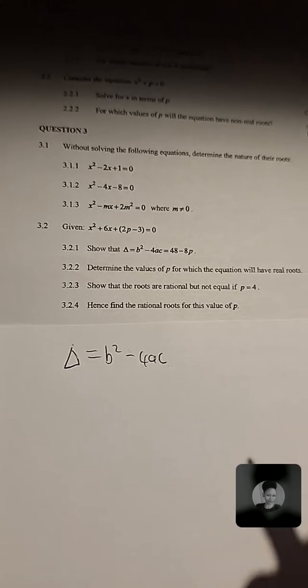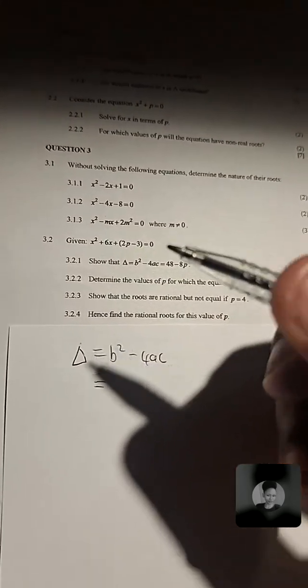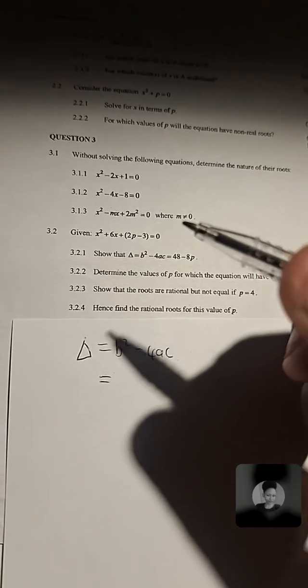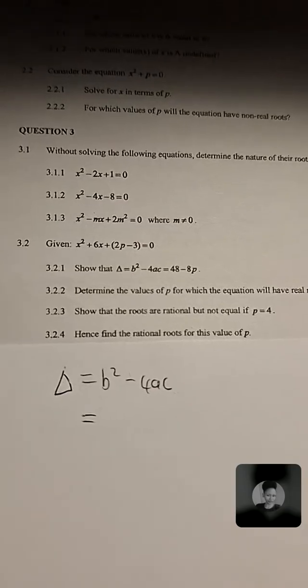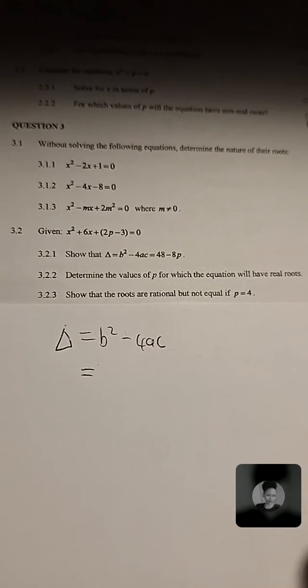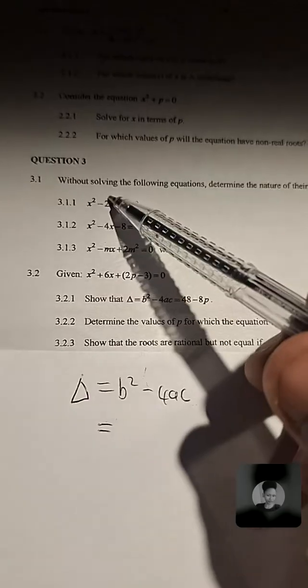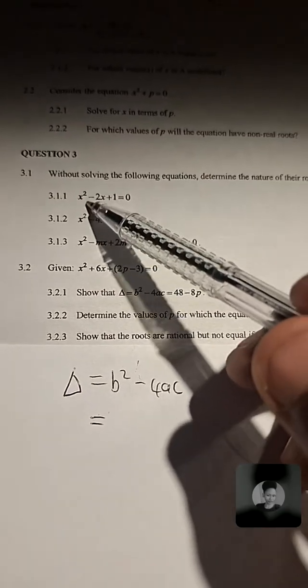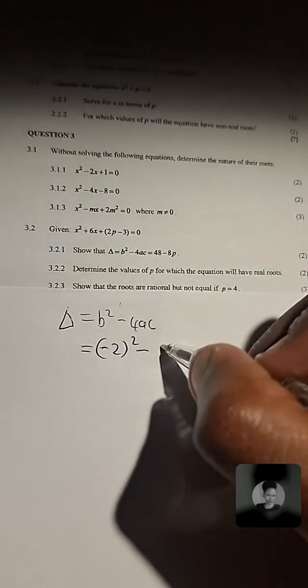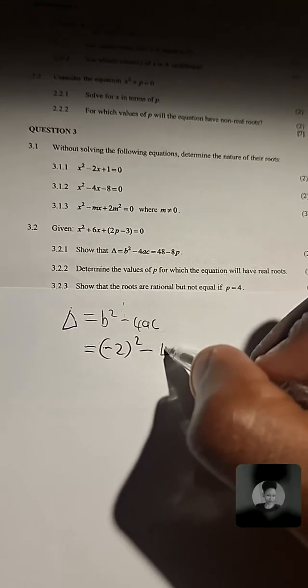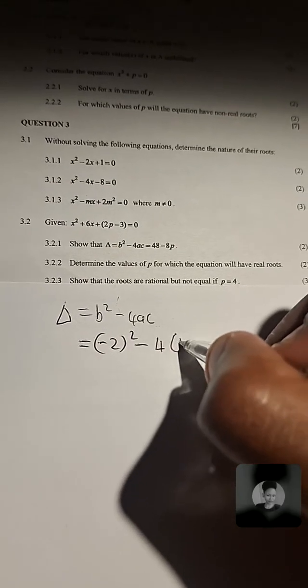So what do I substitute? Substitute your b squared. It's going to be 2 squared minus. Okay, so the value of b first and foremost is what, Christine? It's negative 2. So I'm going to substitute negative 2, minus 4 bracket 1.